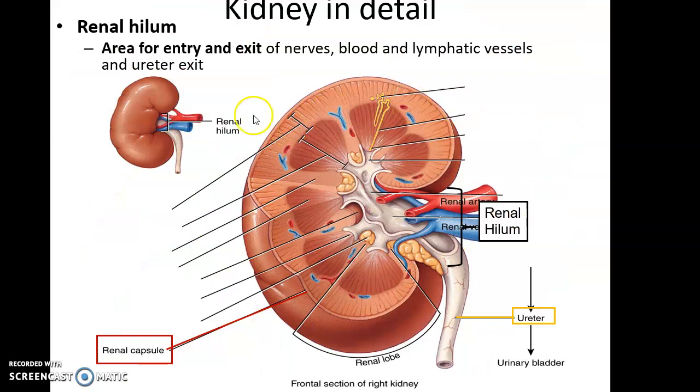All right, here is a lovely cartoon of a kidney. The outer layer of the kidney is called the renal capsule. It has this area or space called the renal hilum. The renal hilum is where structures enter and exit the kidney, including blood vessels, lymphatic vessels, nerves, and the ureter.